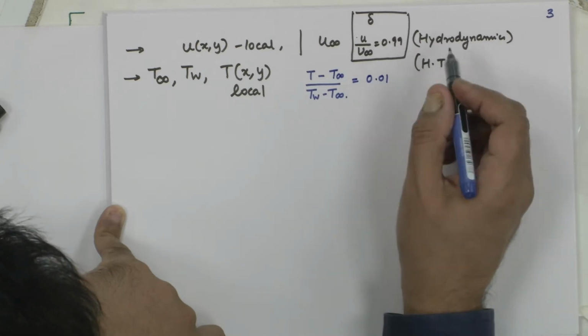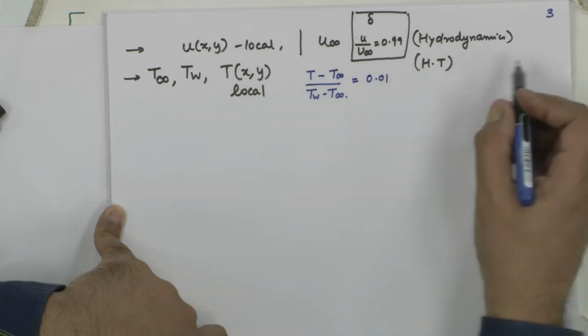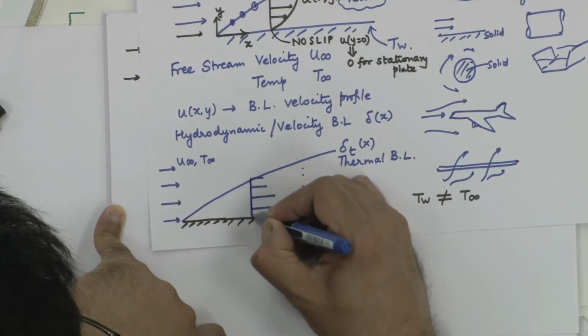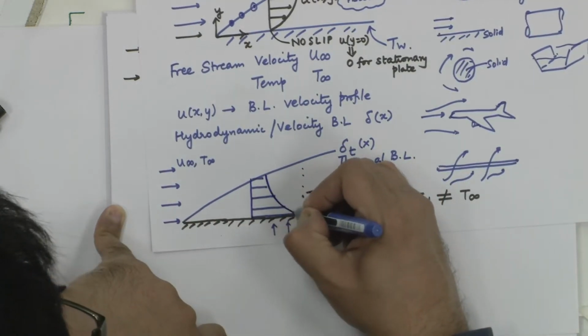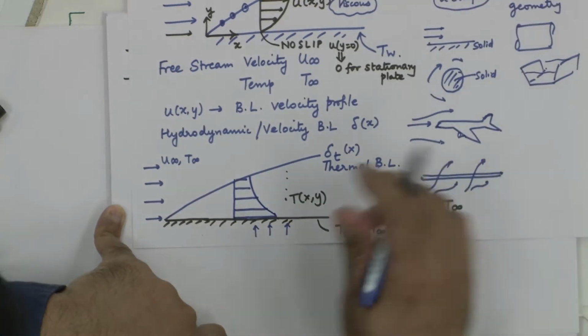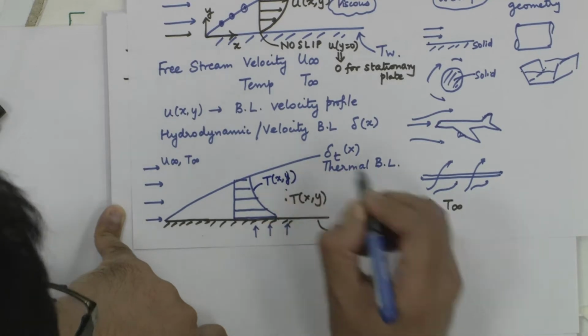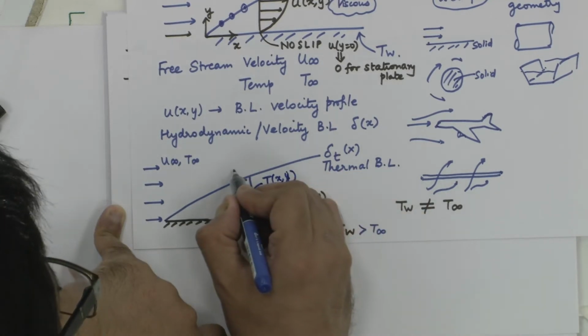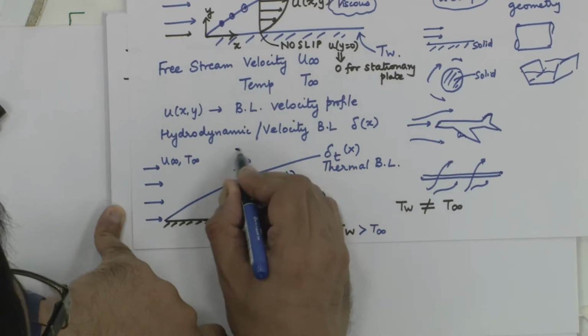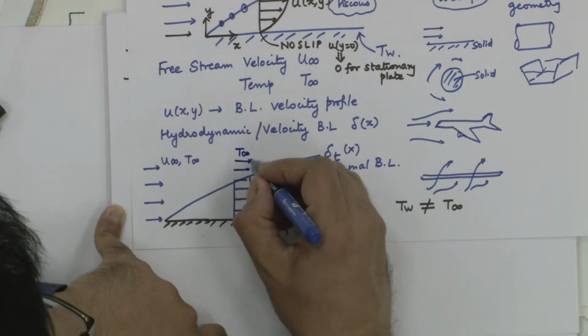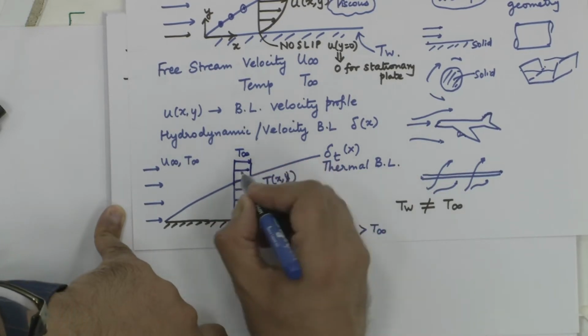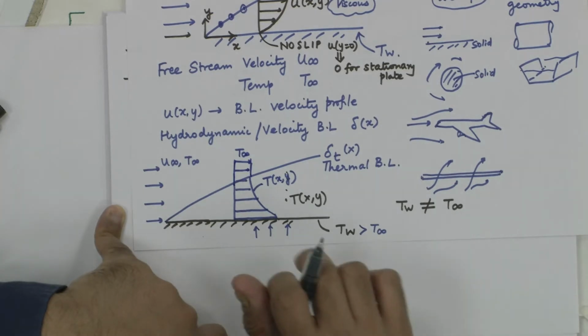So, this is going to be 99% of the maximum, so you would come almost equal to the bulk fluid temperature, and this is your local temperature distribution T of x comma y, and this point onwards the fluid temperature is only T infinity. What it means is that the fluid does not see the effect of the wall.